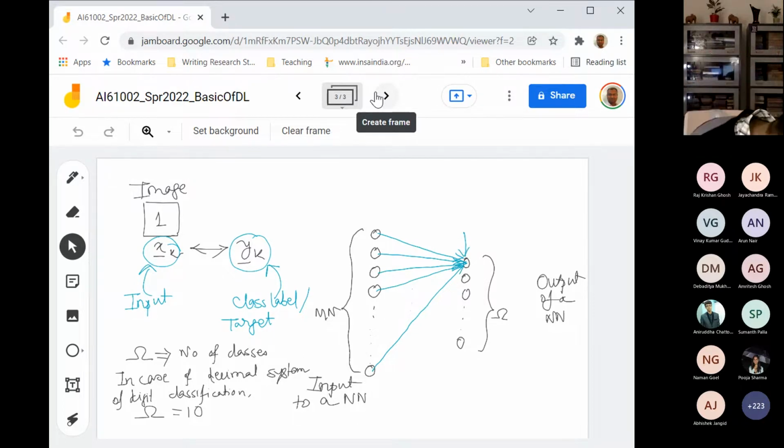These inputs have a certain nomenclature. We call these x1, x2, x3, x4, and instead of using brackets, I will write them as subscripts to make it simpler.